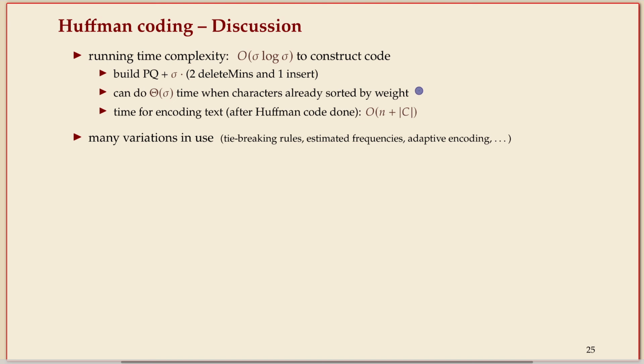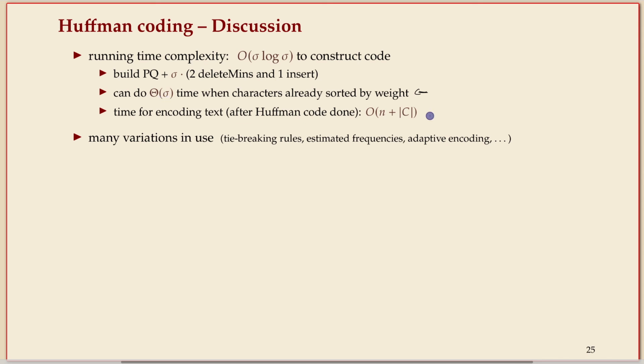Now there's a useful special case if the alphabet is already sorted by weight for some reason, or because you've made it so. Once you have that, you can actually do it faster. You can do it in linear time using just 2 queues. It's a cute little algorithm to figure out. Just leave it with that comment.